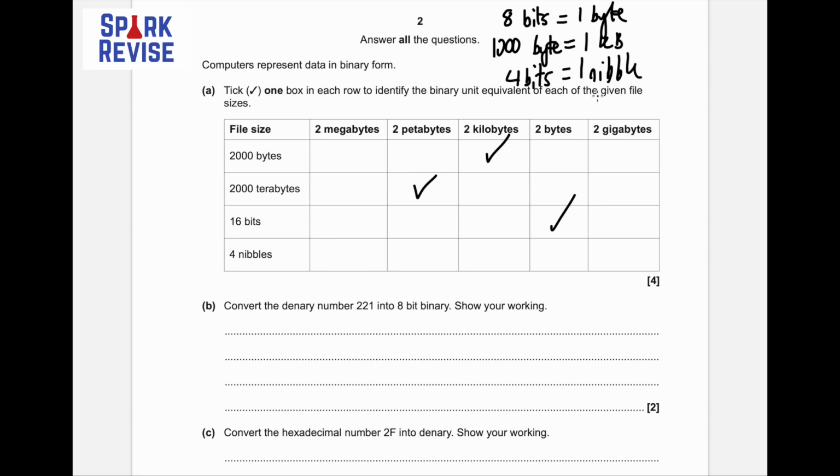So 4 bits is 1 nibble. So we know that 4 nibbles is going to be 16 bits, which equals 2 bytes. So we can tick 2 bytes, and that will give you the full marks. Perfect. Right, on to the next question.